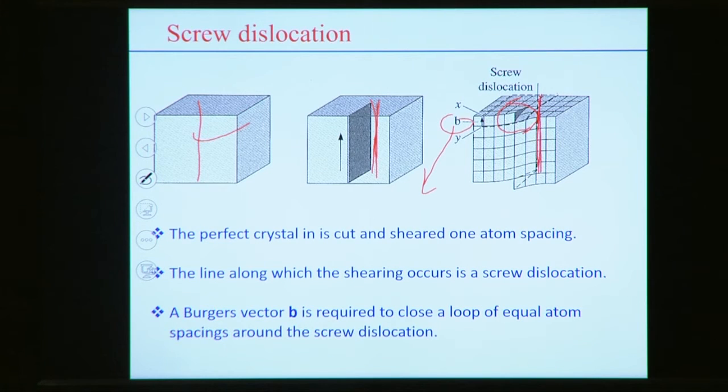So this line is actually the representation of the screw dislocation line, which is a little bit different from the edge dislocation line. Now the Burgers vector b is required to close a loop of equal atom spacing around the screw dislocation. Similarly, if we put the closed circuit here, according to the definition of the Burgers vector, we find there is a gap of one atomic spacing, and that gap actually represents the Burgers vector in the case of a screw dislocation.